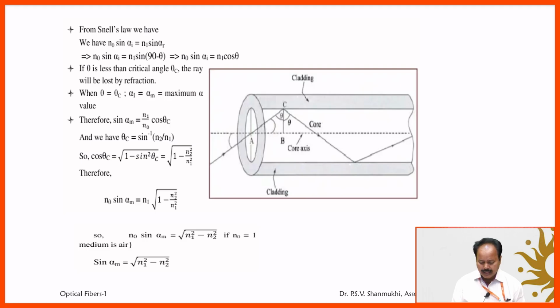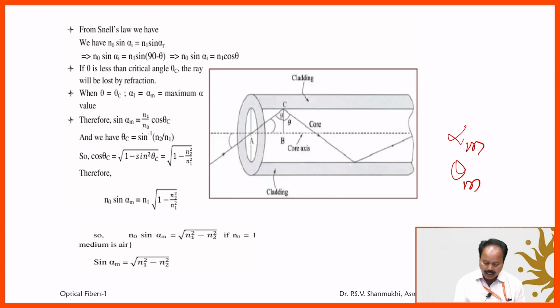What should be the incident angle so that the light undergoes total internal reflection? What must be the maximum angle? The maximum limit of the angle is denoted by alpha m. This is called the acceptance angle.